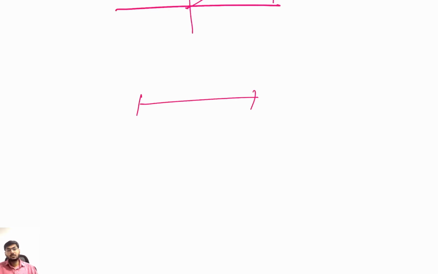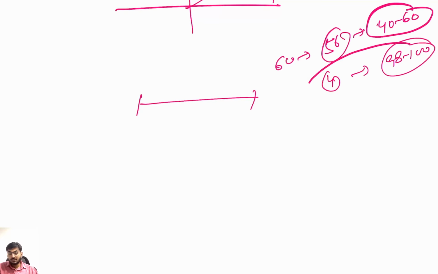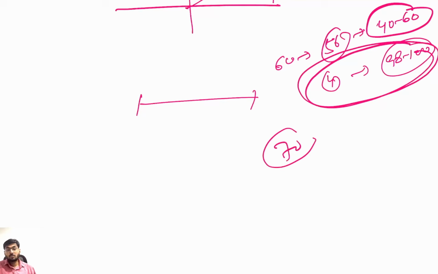Clear? See what happens now, if I'm calculating, say, the average of the class, how much a class scores. See, 60 students are there, but 56 students are actually scoring between 40 to 60, but there are 4 students who are scoring say 98 or 100. So now the average of the class, which should be between 40 to 60, because of these 4 students is above 70, which is not the true representation of the data.